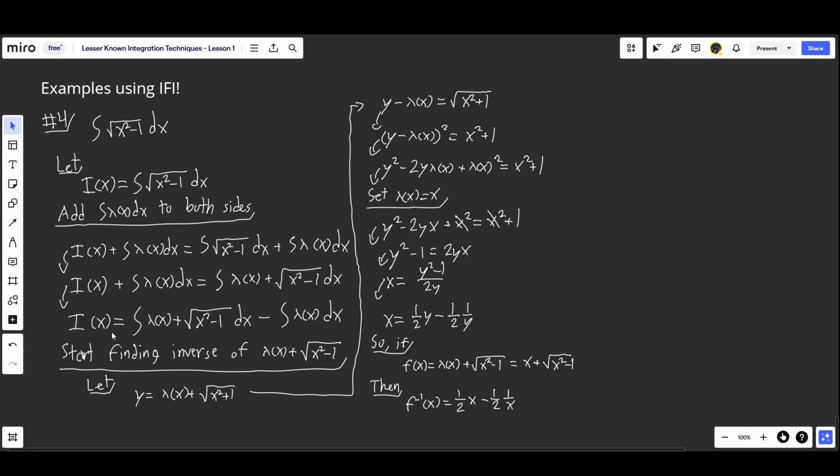I of x is going to be equal to the indefinite integral of lambda of x plus the square root of x squared minus 1 with respect to x minus the indefinite integral of lambda of x with respect to x.